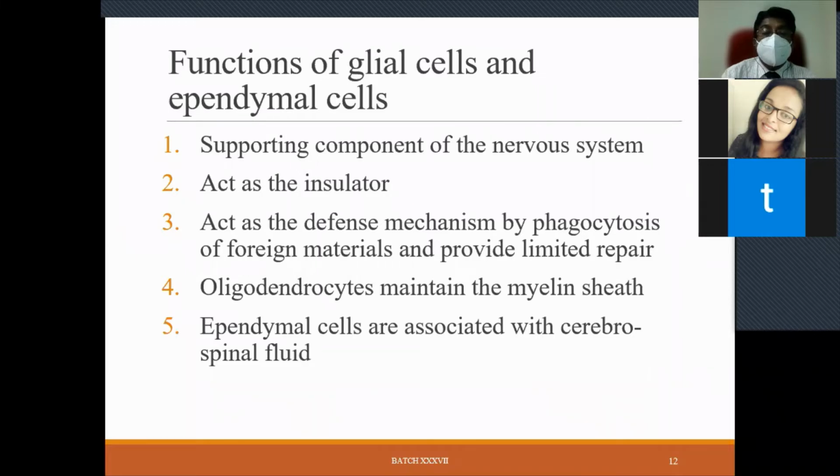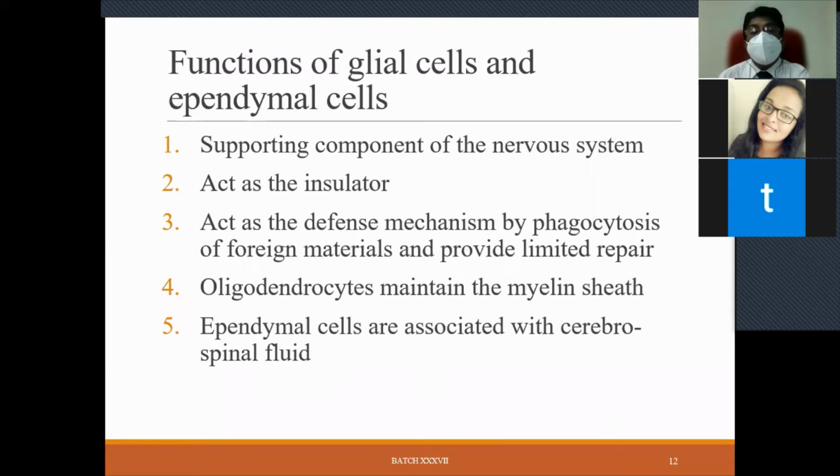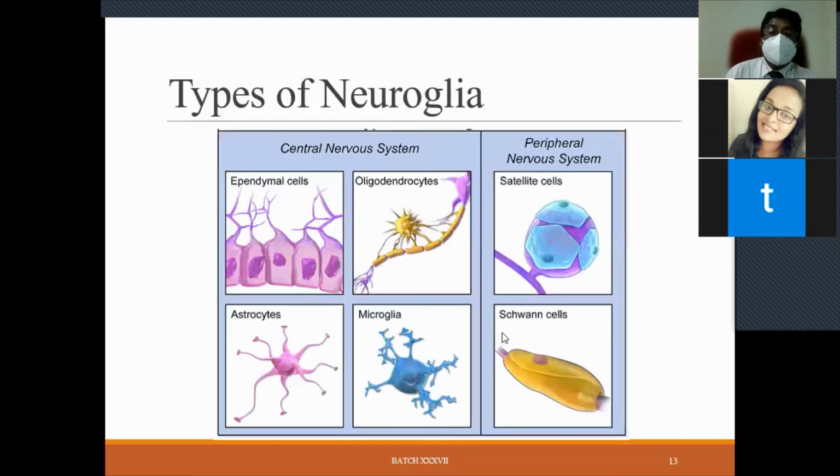Then oligodendrocytes maintain the myelin sheath, and ependymal cells are associated with cerebrospinal fluid. So this is a kind of question that can come in the exam even. You will be asked to write the functions of each and every neuroglial cell, or in general the functions of the neuroglia, so you should know what those functions are.